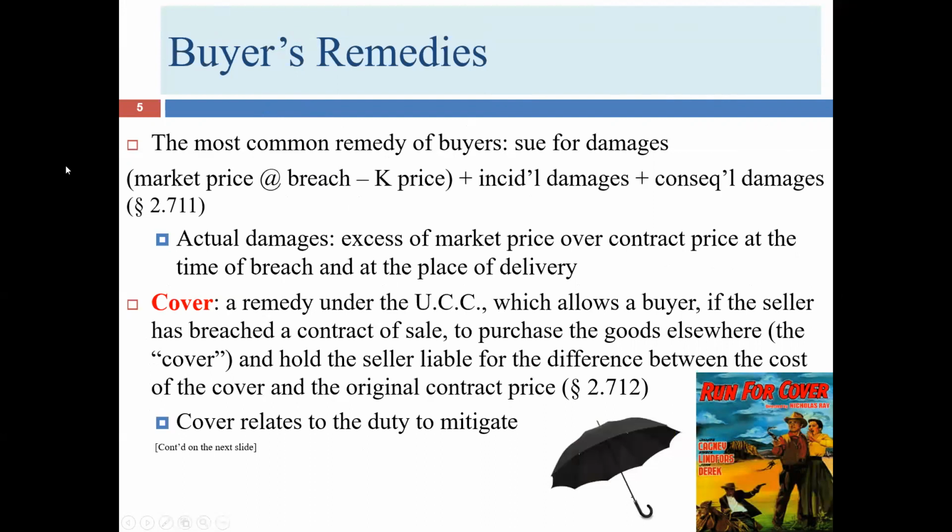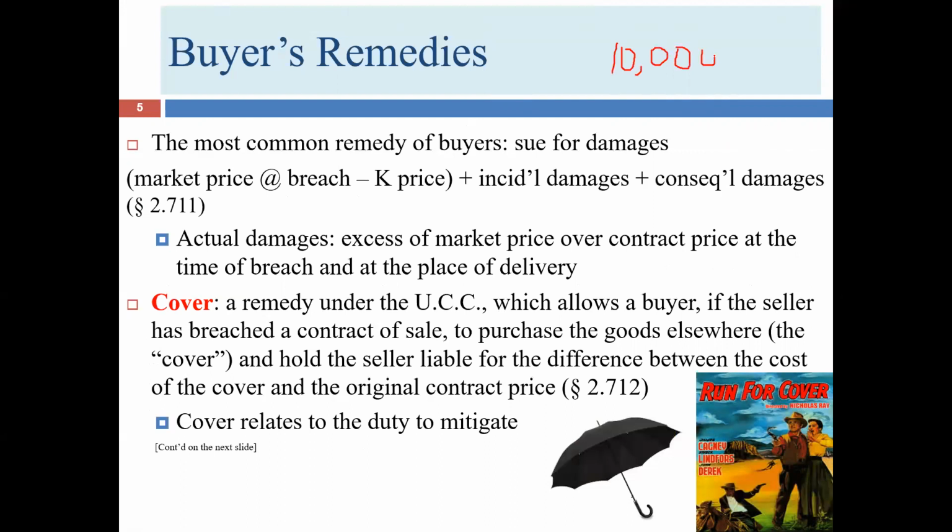How have we ended up in a breach situation? Well, probably the seller has not been able or willing to provide the goods that the buyer has contracted for. In that situation, let's say that the buyer has agreed to pay $10,000 for a particular item or items, and he's waiting to get the delivery of those items and they haven't arrived.